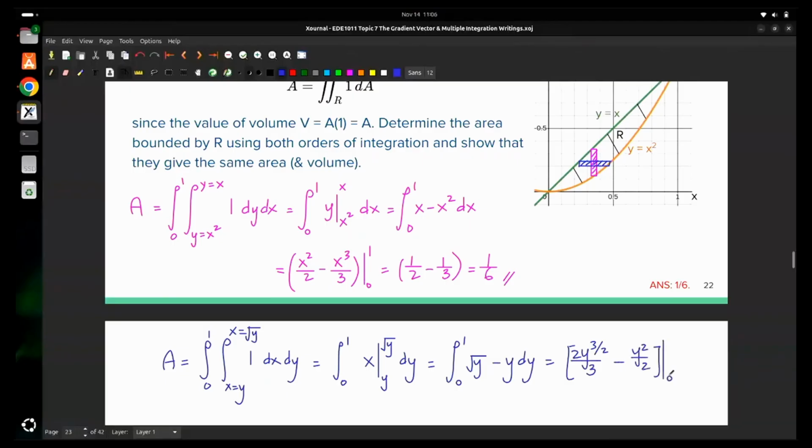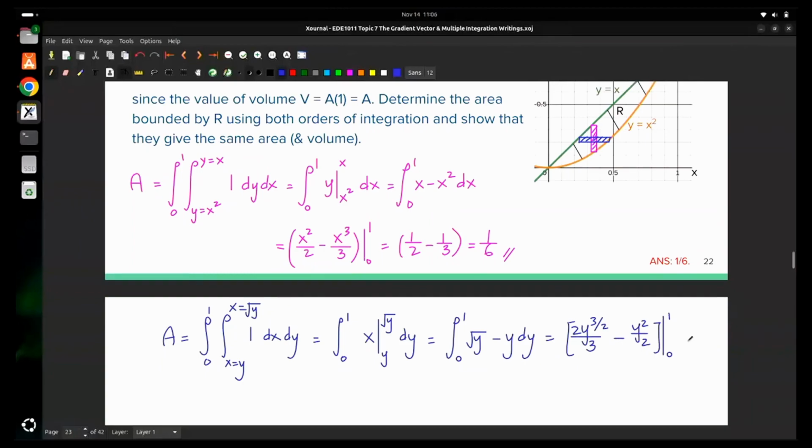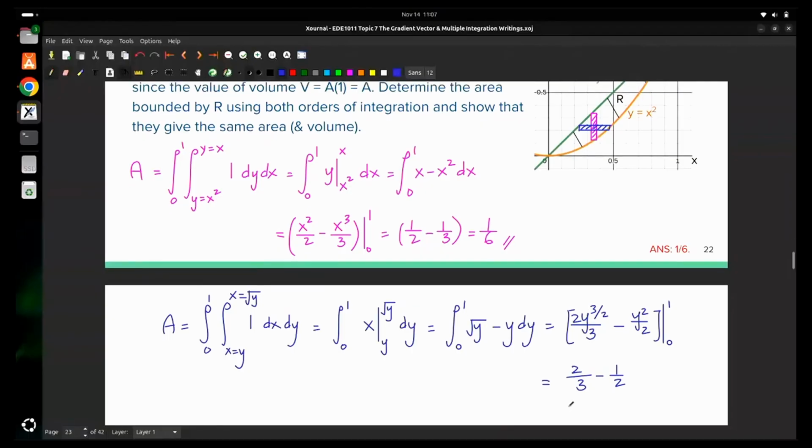Then I sub in 0 and 1 for the limits. If you evaluate this, you get 2/3 minus half, which is actually 4 over 6 minus 3 over 6, so it is also 1/6. This is expected, because it's the same area of region R. Both areas have to be the same. Any questions?